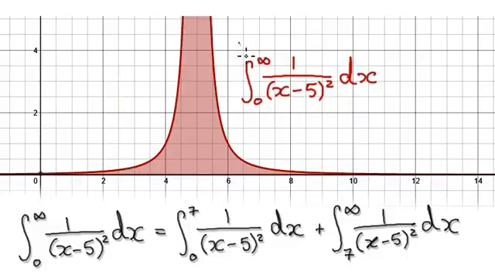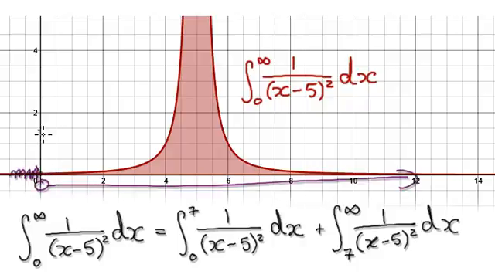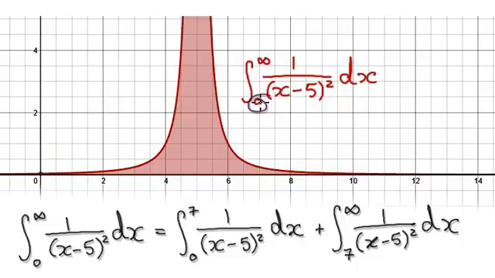So to answer the question, from 0 to infinity, will this whole thing converge or will it diverge? From 0 all the way to infinity, remember we don't care about this tail here. We only care about from 0 to infinity.